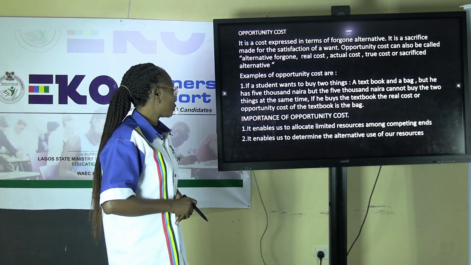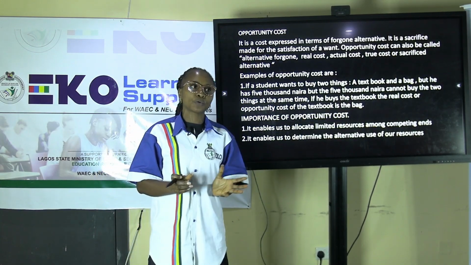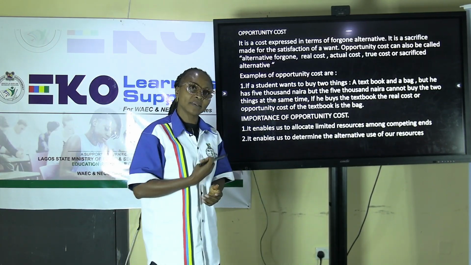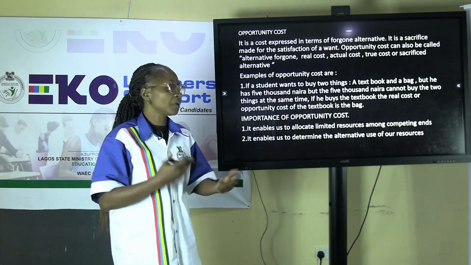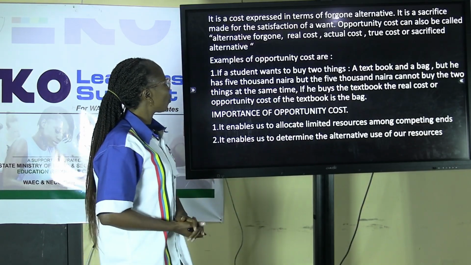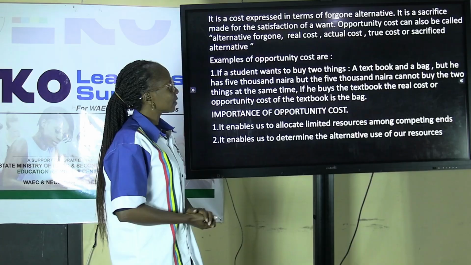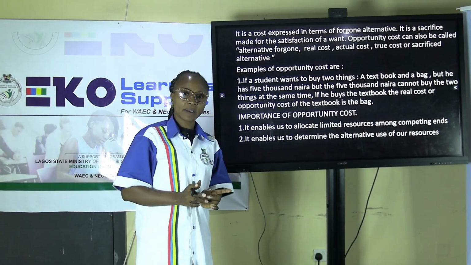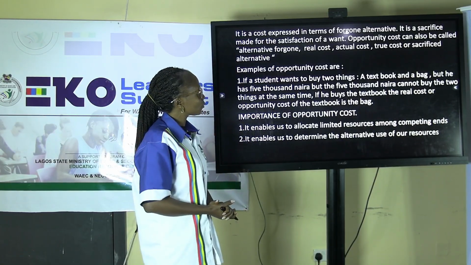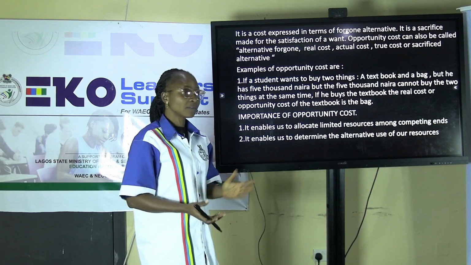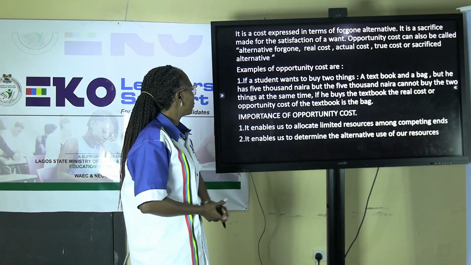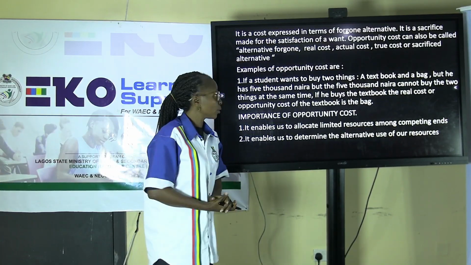The importance of opportunity cost. We need to look at the functions or importance of opportunity cost. What are the importance or uses of opportunity cost? We can look at it for individuals as well. In the example we gave, if a student wants to buy two things, a textbook and a bag, and each of these items costs 5,000 naira, but he has only 5,000 naira to cater for the items, such a student will take one out of the two and leave the other one.